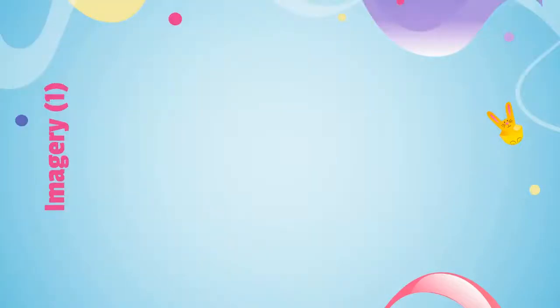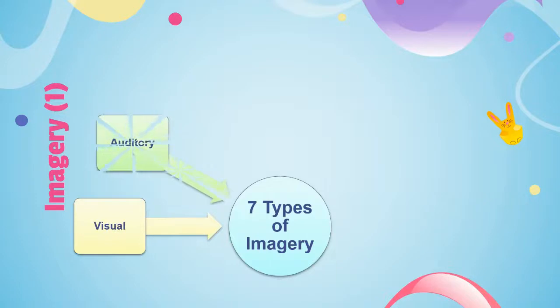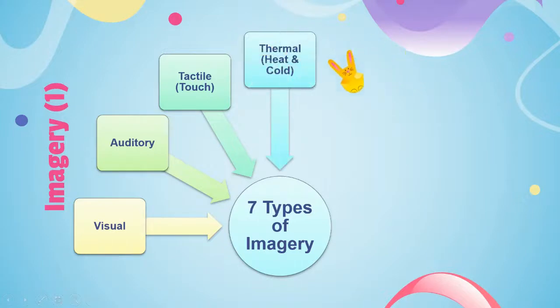So, if the term imagery is broadened, we would consider seven types of imagery. One is visual, related to the eye, the other one auditory, related to the ear, tactile, which is related to touch, information gathered and just used by the mind.